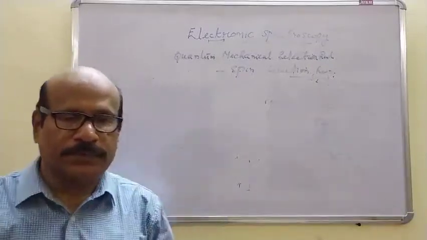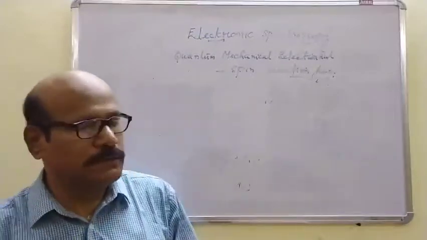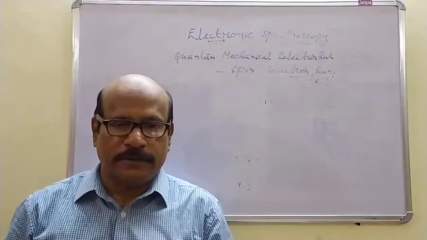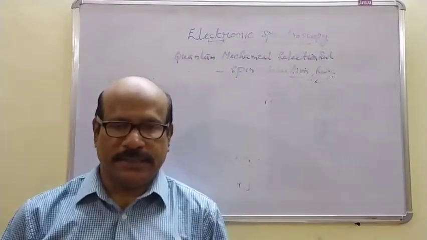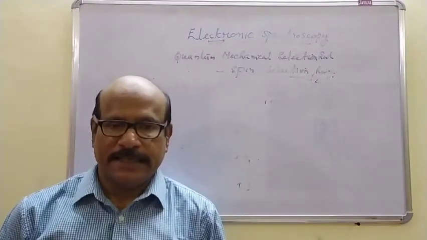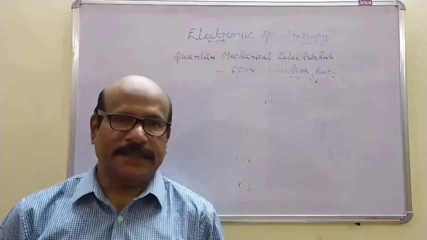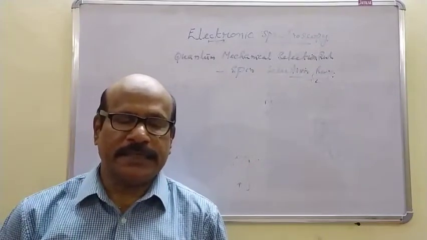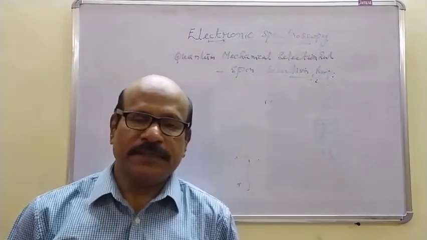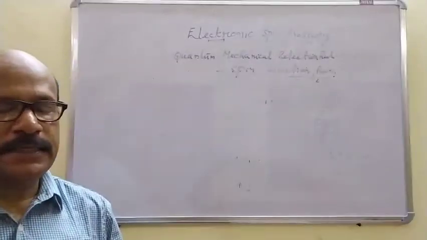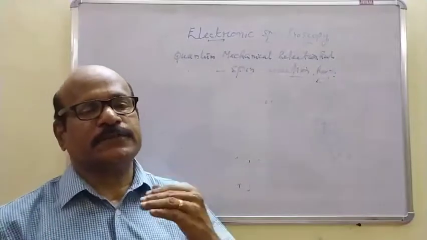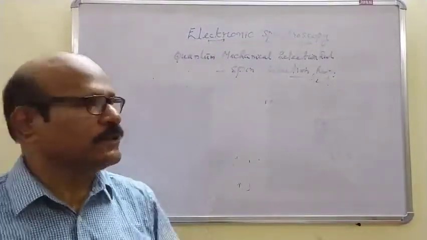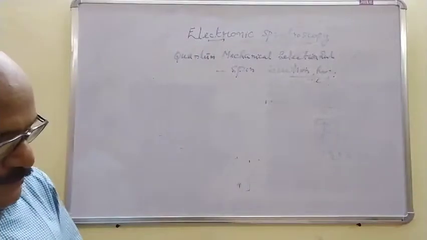According to the spin selection rule, transitions are allowed between electronic states in which the spin multiplicity is the same. On the other hand, if the two electronic states are of different spin multiplicity, then the transition is forbidden. That rule is called the spin selection rule.